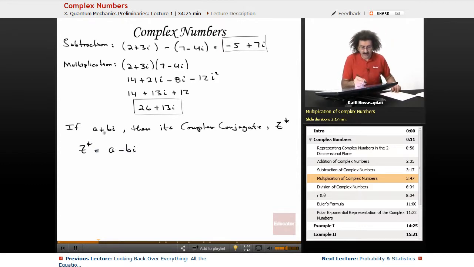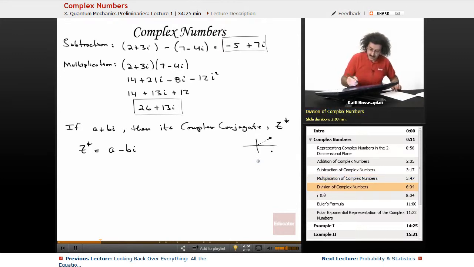Basically, all you're doing is switching the plus to a minus. So geometrically, it looks something like this. If this is the complex number, its conjugate is just a reflection along the x-axis. a plus bi, a minus bi. That's all it is. Okay, so let's go ahead and do a division here.